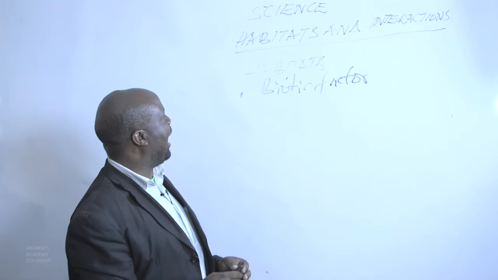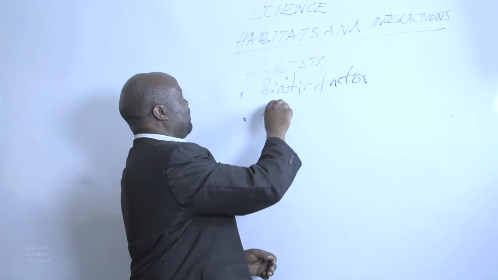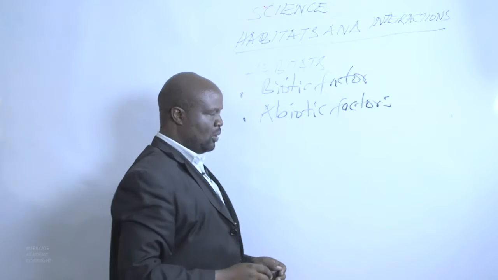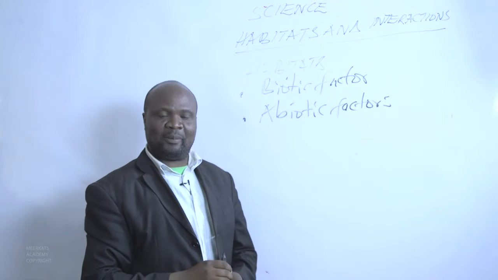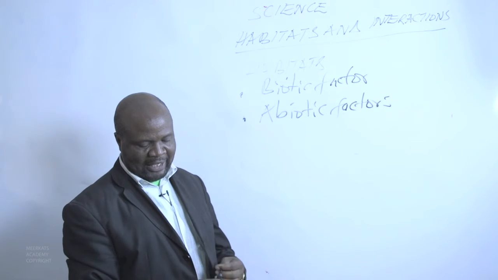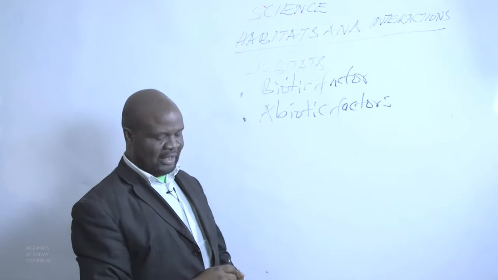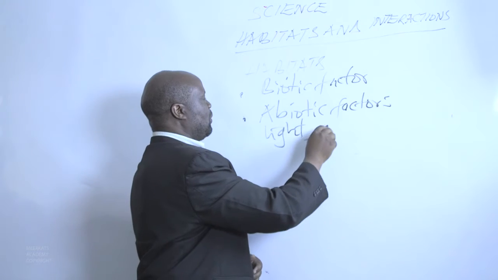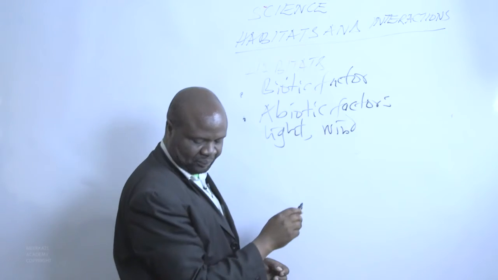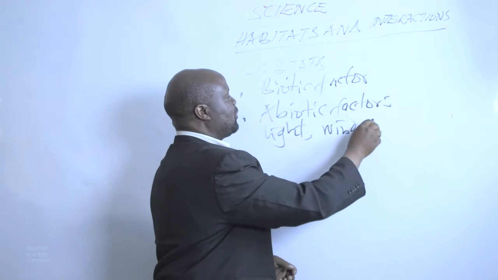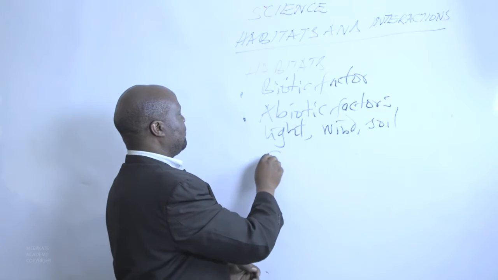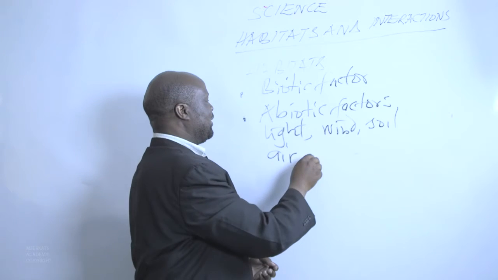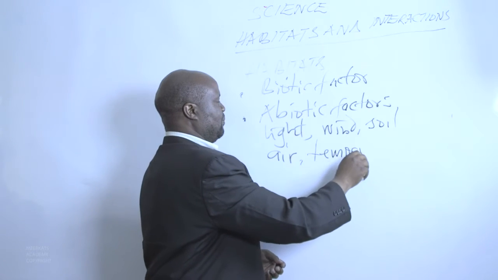But we also have abiotic factors. When we talk of abiotic factors, these are non-living factors that include light, wind, soil, air, and of course, temperature.